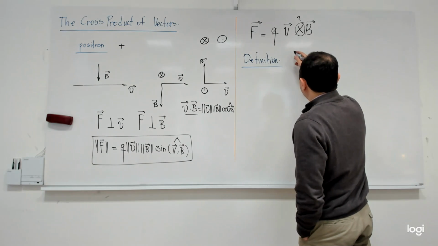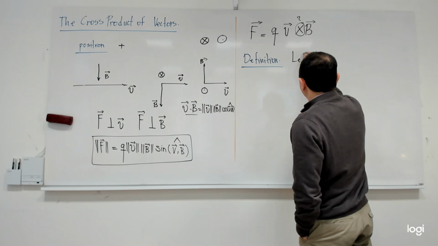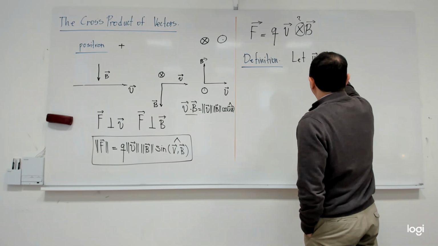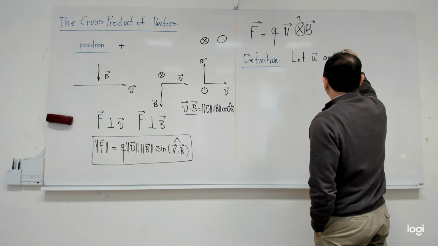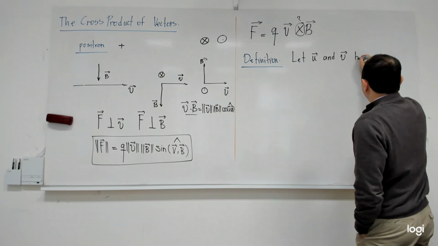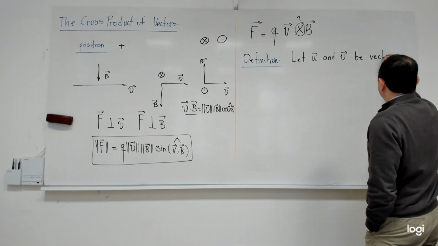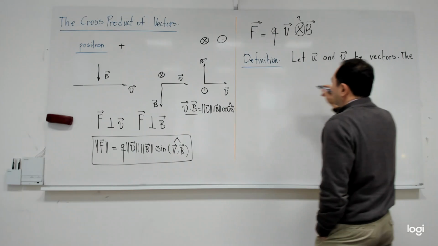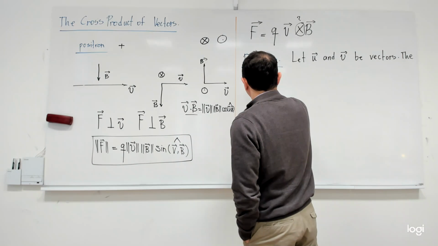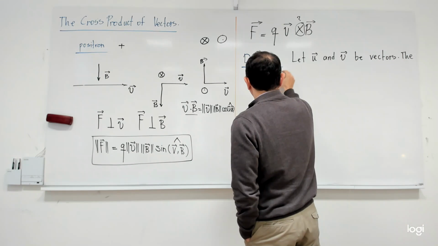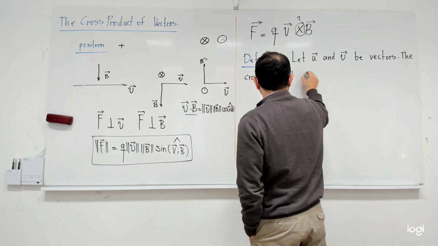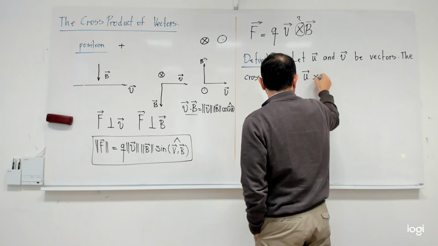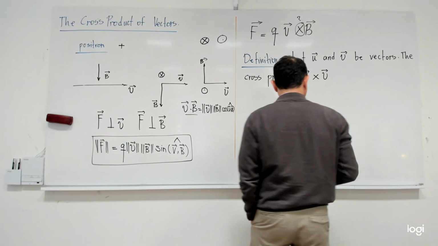So let U and V be vectors. The cross product, you have to put this cross, you see, this is not optional.